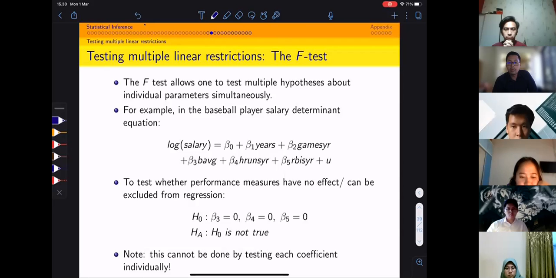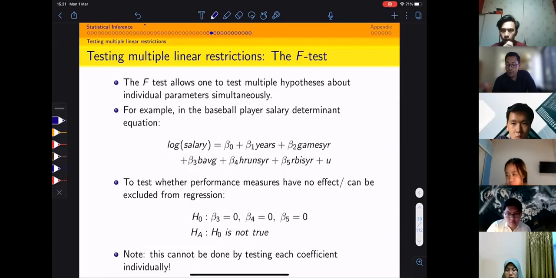For example, in soccer or football, the number of goals, the number of games you play, the number of assists, and the ratings could be determinants of your salary. That's also an important performance variable.